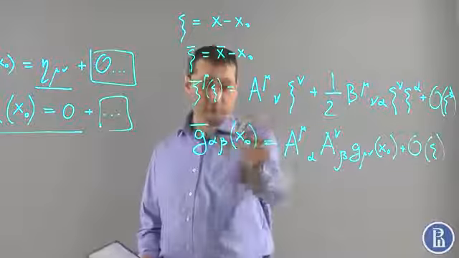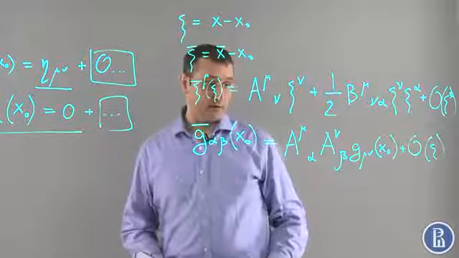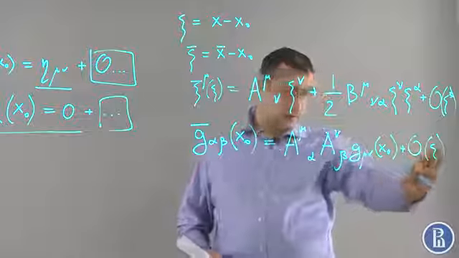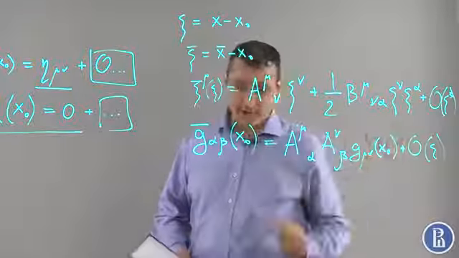Well, this just follows from the transformation rule of the metric when I care only about terms and neglect the terms which are higher in powers of ξ. So keep only the leading term.